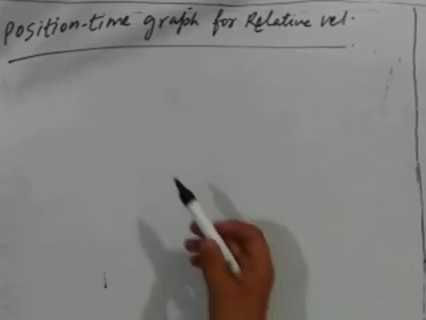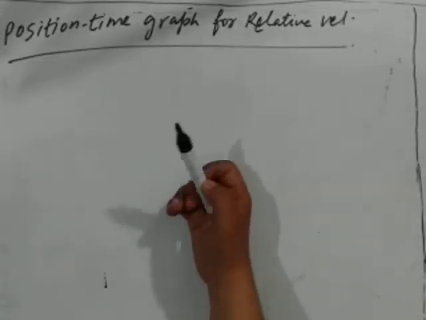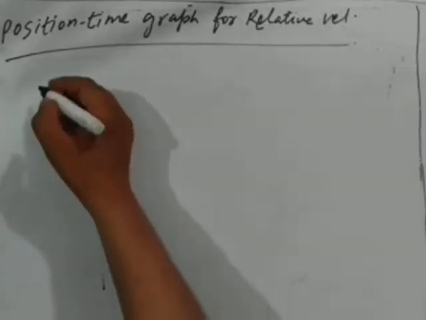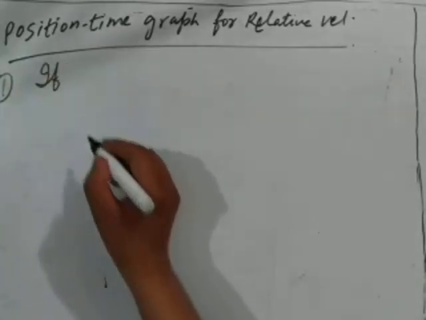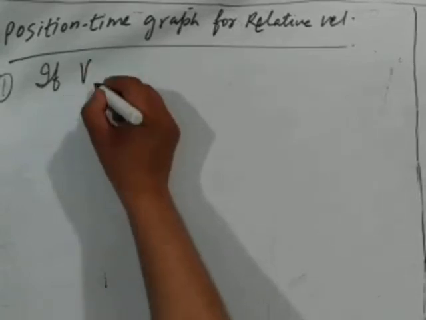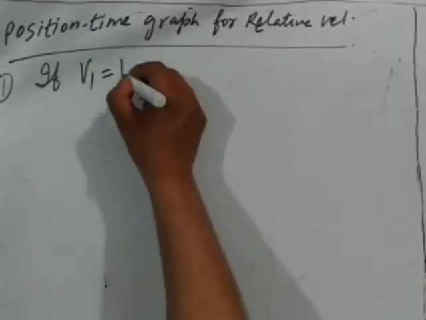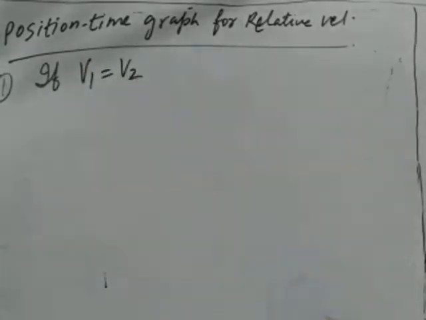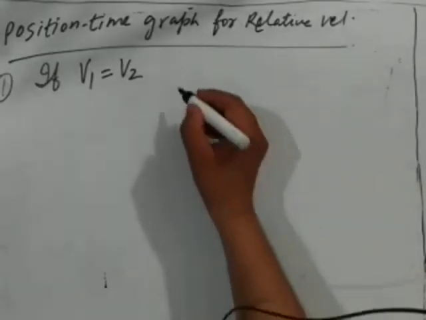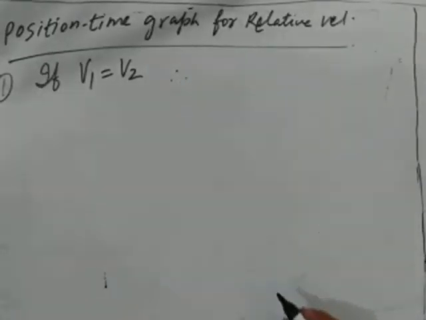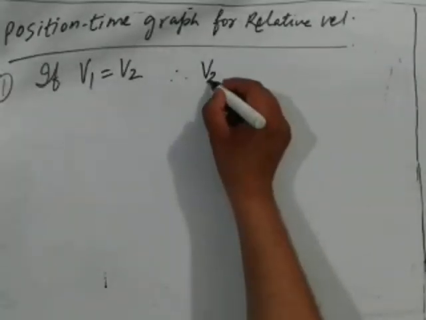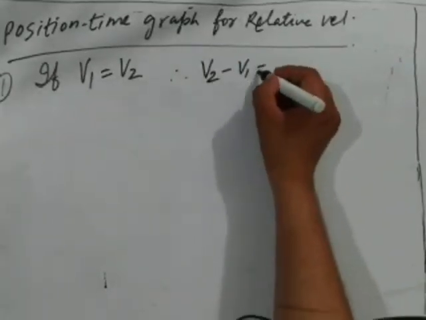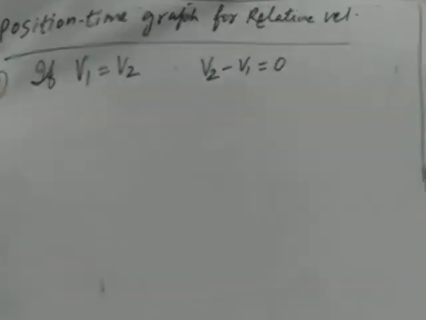Now, position time graph for relative velocity. Take case number 1. If the velocity of the two objects is equal, that is v1 equal to v2, so therefore relative velocity of 2 with respect to 1, v2 minus v1, will become 0.